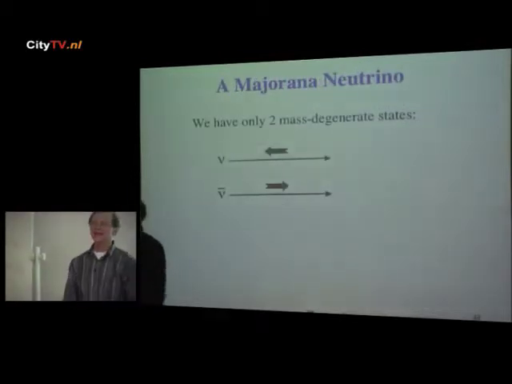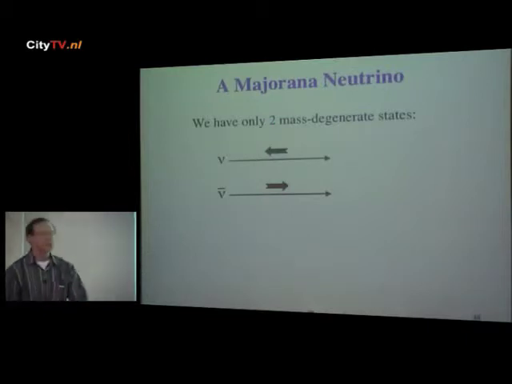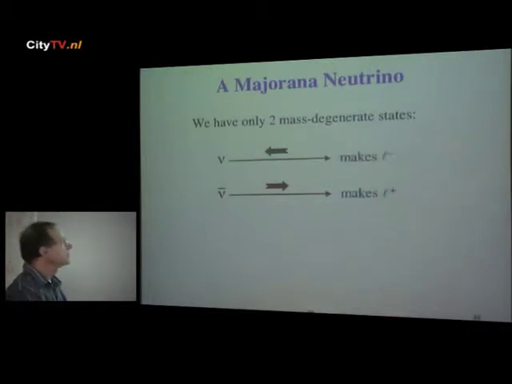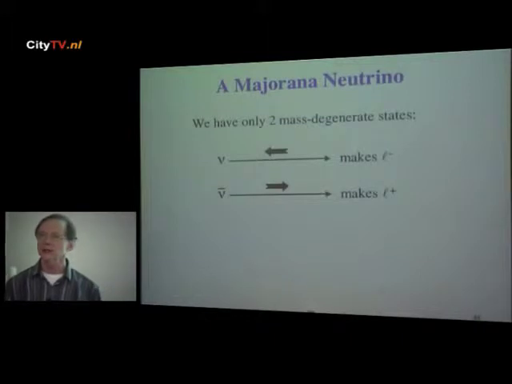Now, in contrast to that, a Majorana neutrino is just two states of a common mass, a left-handed one and a right-handed one. As before, this left-handed one, when it interacts, makes a negative charged lepton, whereas this right-handed one makes a positive charged lepton. In the Majorana picture, we do not understand that in terms of lepton number conservation.